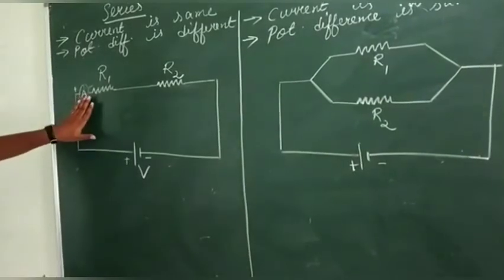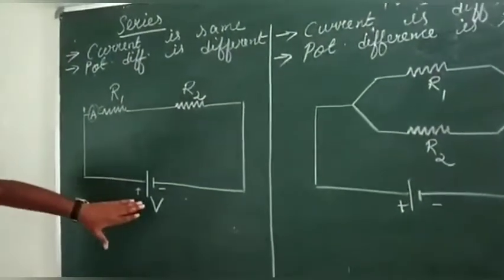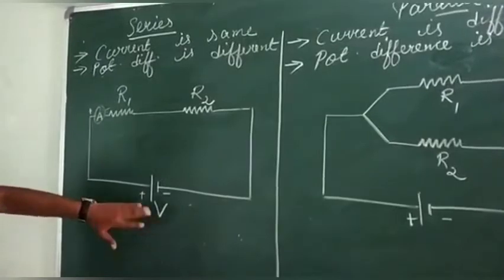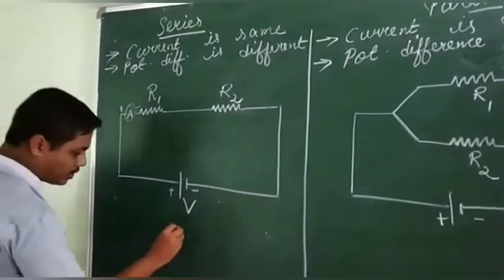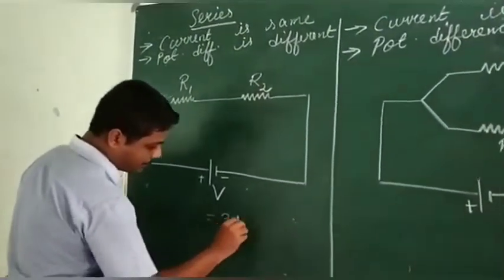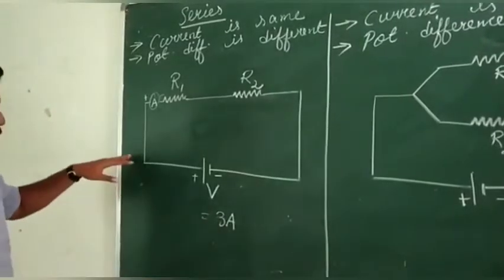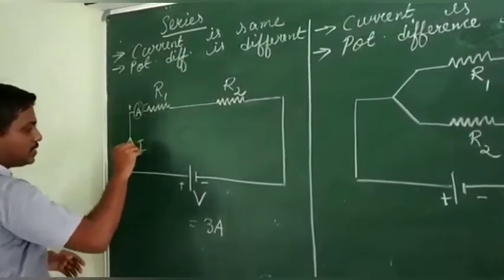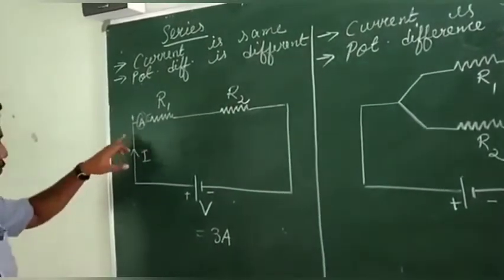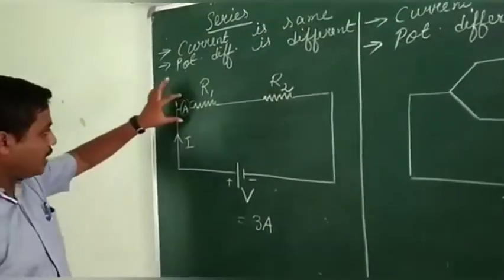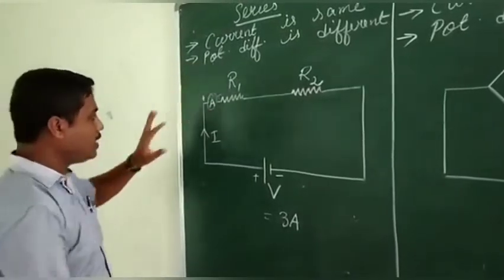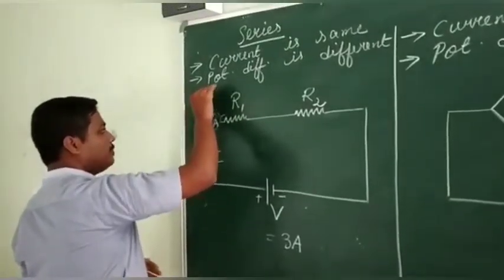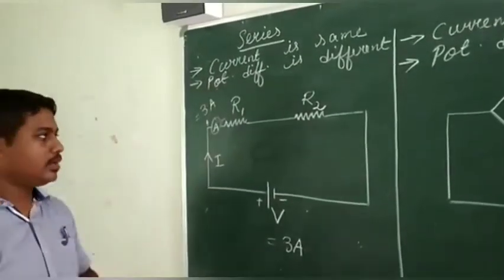So if I connect the ammeter here, suppose the battery is giving a current of around 3 ampere. Then 3 ampere current will be flowing, because the current flows from the positive terminal to the negative terminal. This is the direction of the current. So as soon as it flows to the resistor R1, if I see the ammeter reading, I will get a reading of 3 ampere.